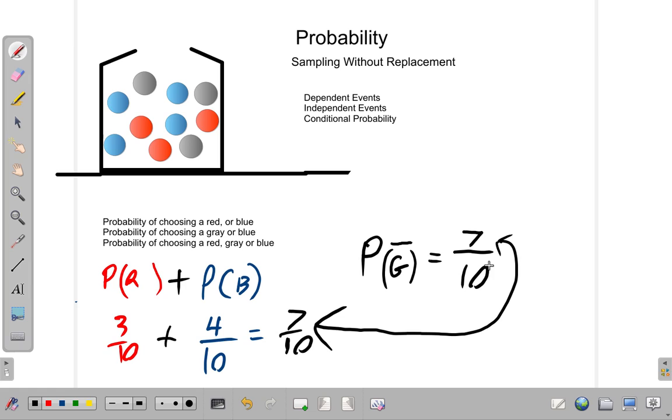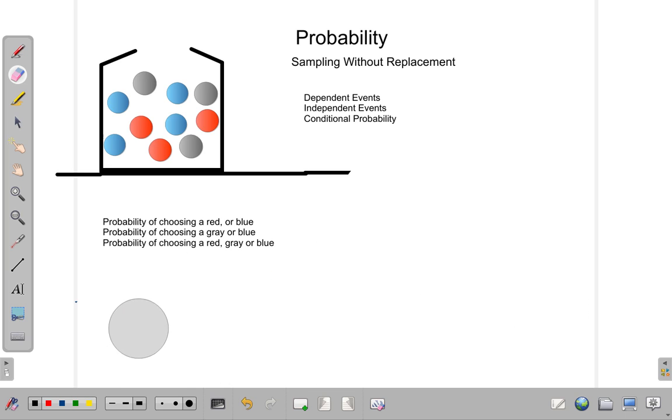Alright? So that's another way of thinking about it. Now, the probability of choosing a gray or blue is going to be the same type of working. The probability that it is gray or blue. You either pick a gray first, the probability that it is gray, or you pick a blue, the probability that the marble is blue.